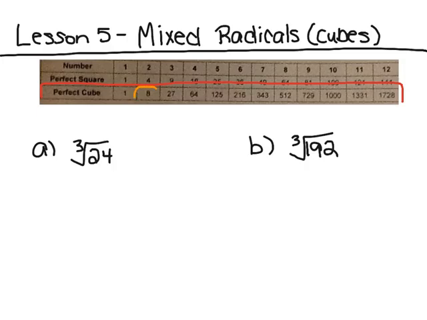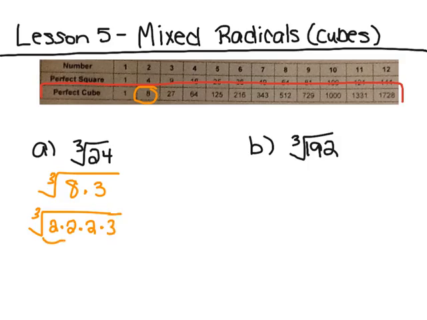So the biggest number that fits into 24 is 8. If you take 8 and times it by 3, you get 24. Now you can write 8 as the cube of 2. So 2 times 2 times 2 times 3. Now because we have three 2's and our index is 3, you need to have three of something before you can take it out.